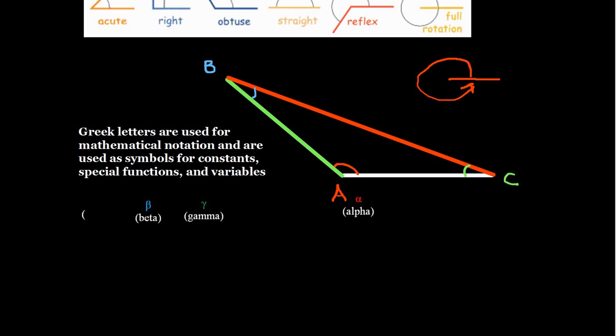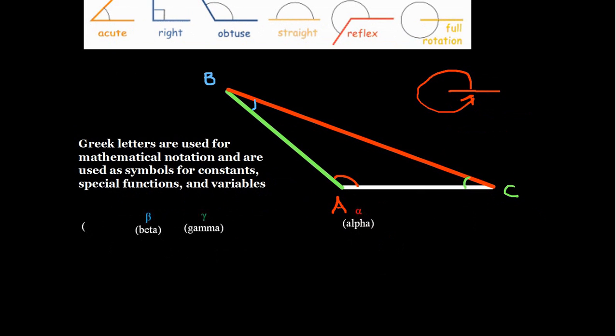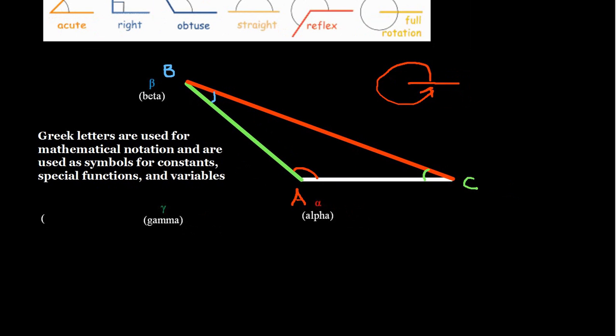And instead of using the letter B, we can use the Greek letter beta. And instead of using the letter C, we can use the Greek letter gamma.